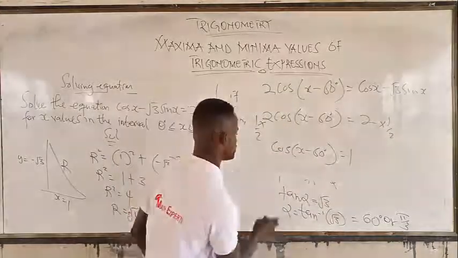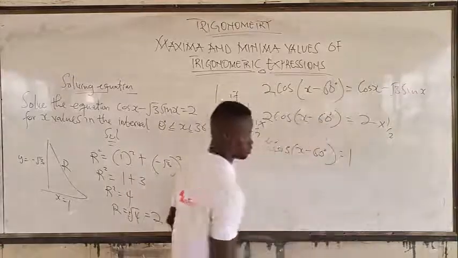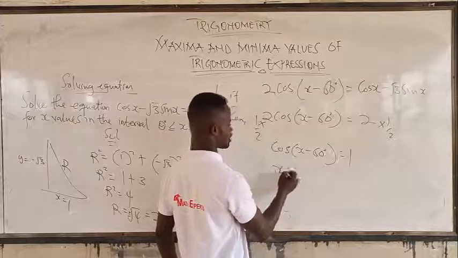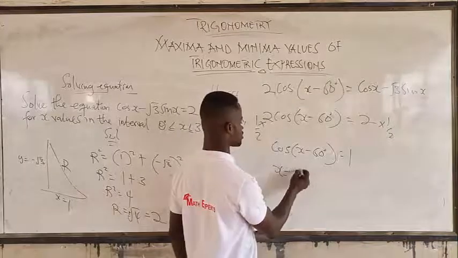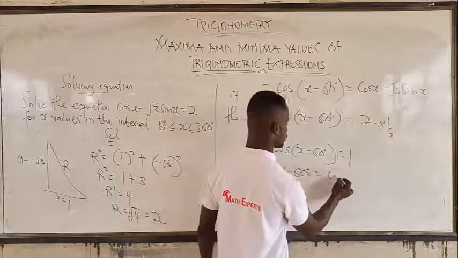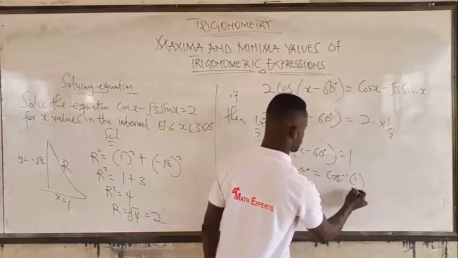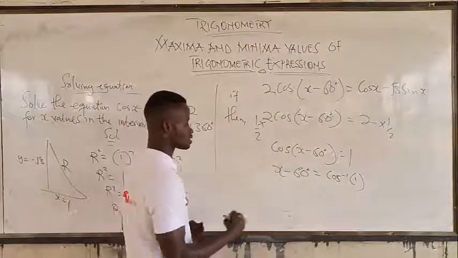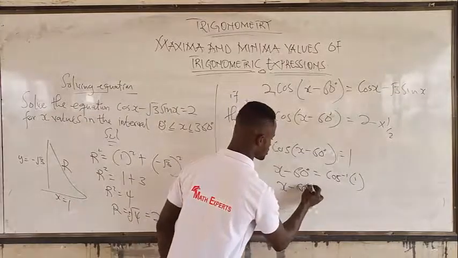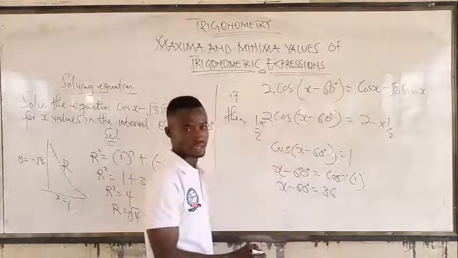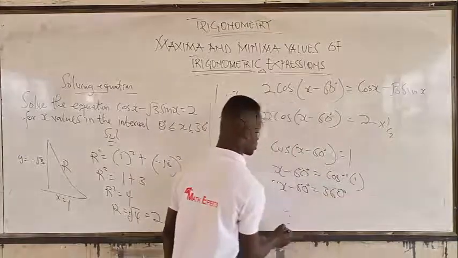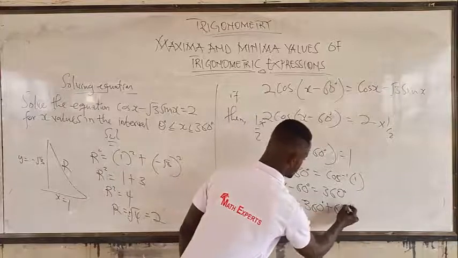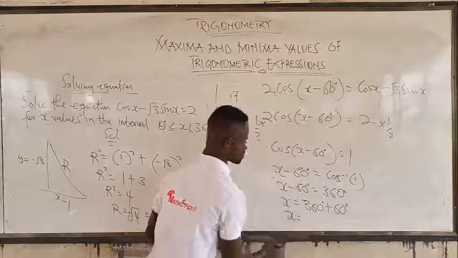Now we take cos inverse of both sides, so x minus 60 degrees is equal to cos inverse of 1, and cos inverse of 1 is 360 degrees. So here x minus 60 degrees is equal to 360 degrees, so we end up getting 360 degrees plus 60 degrees.